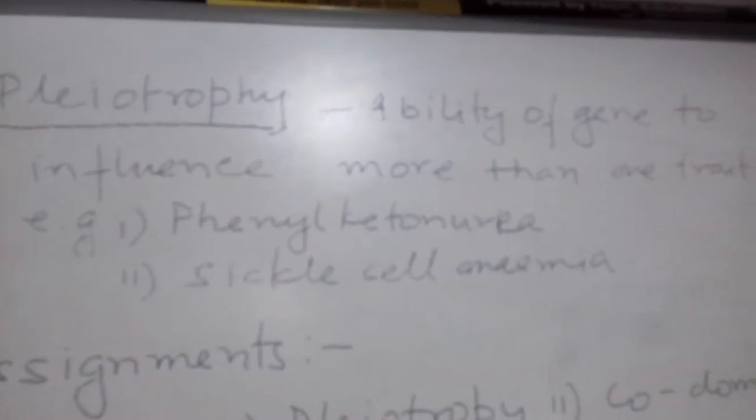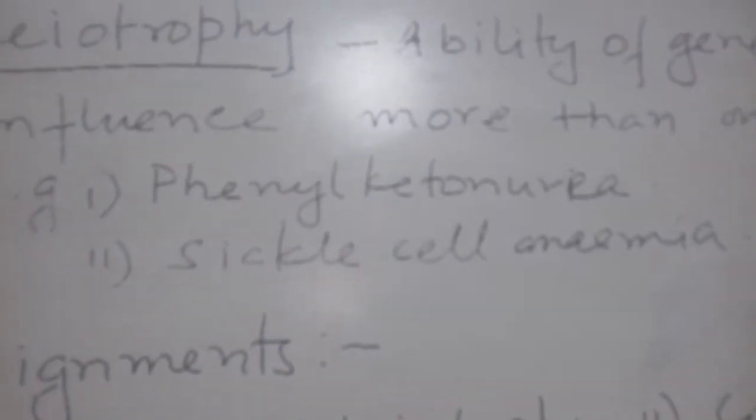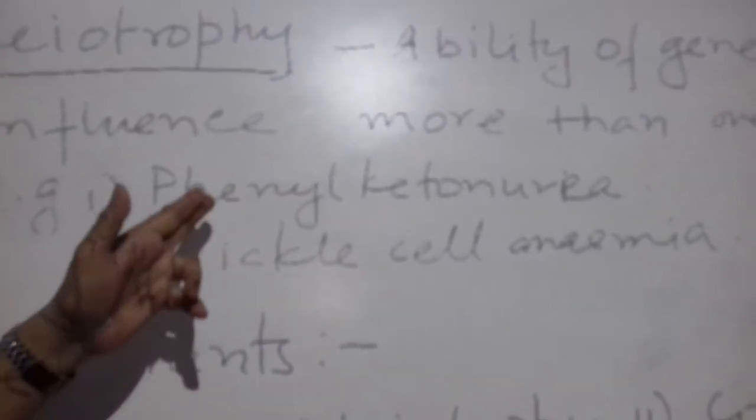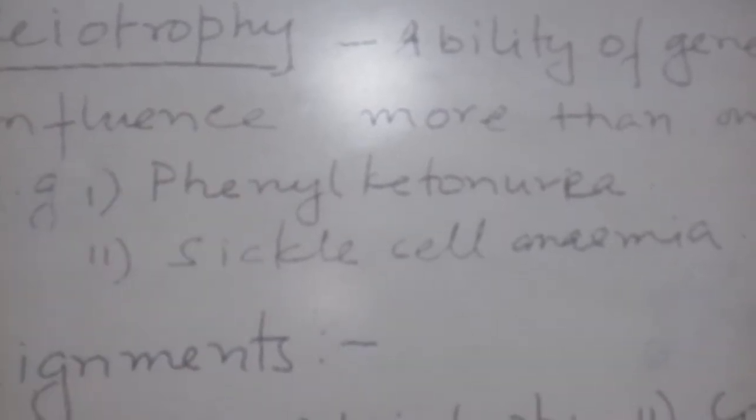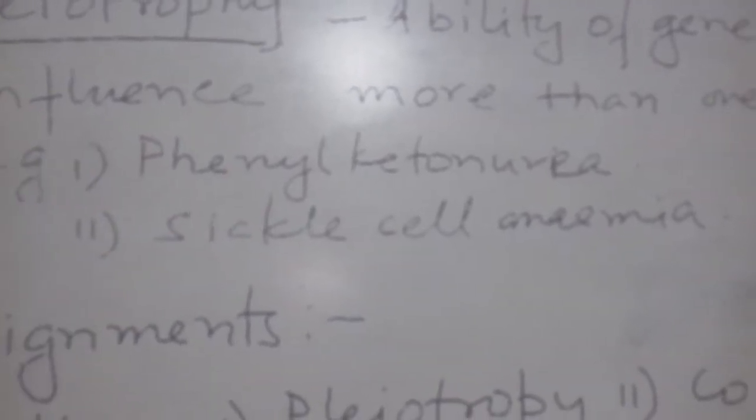Now, there are certain other things like, for example, pleiotropy. Pleiotropy is the ability of a gene to influence more than one trait. That means, say for example, phenylketonuria. Phenylketonuria is a gene defect which is caused in the 12th chromosome, which does not form a particular enzyme that converts phenylalanine to tyrosine.